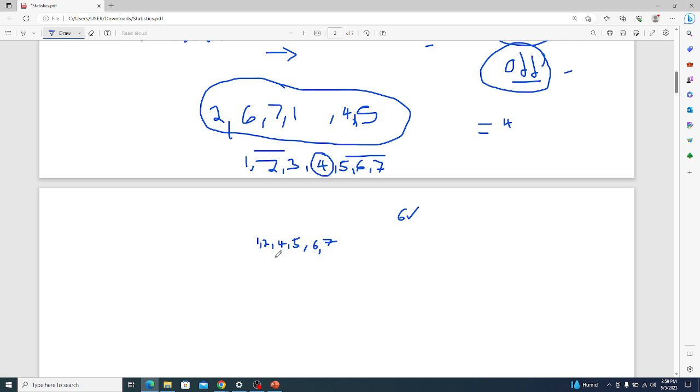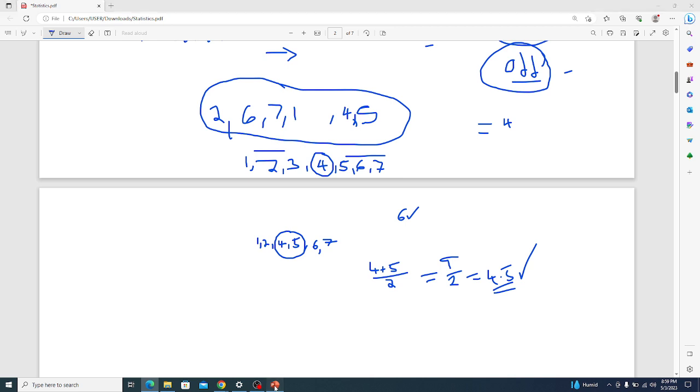So we'll take the 2 middle values, add them, and divide by 2. So it will be 4 plus 5 divided by 2, which will be 9 divided by 2, which is 4.5. Correct.